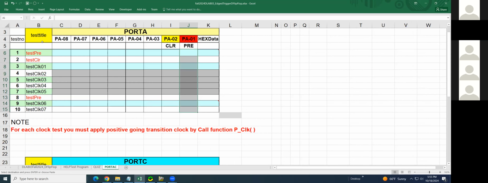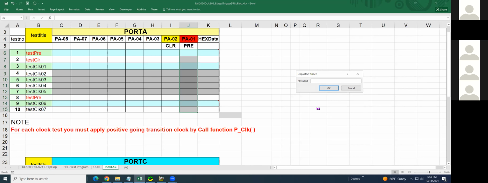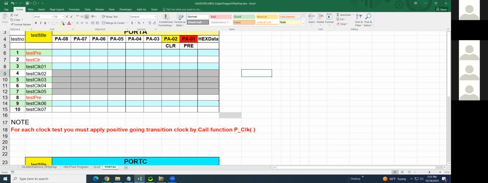Oh, that means they don't allow me. It looks like it's protected. Try, see, maybe now? Oh, there you go, it's allowed now. No more protection.